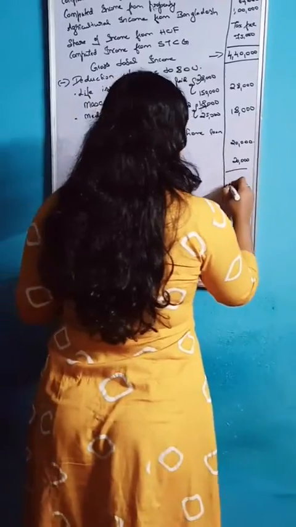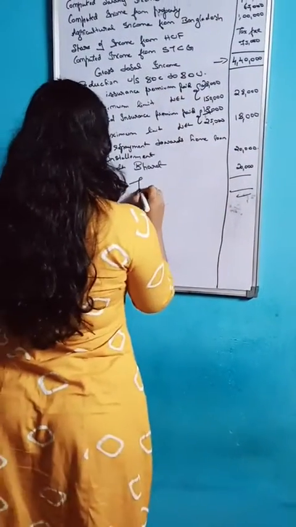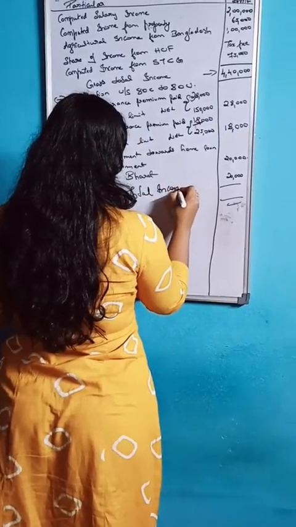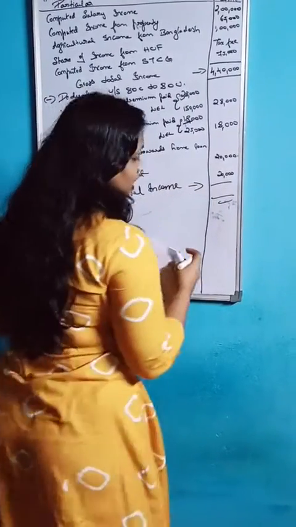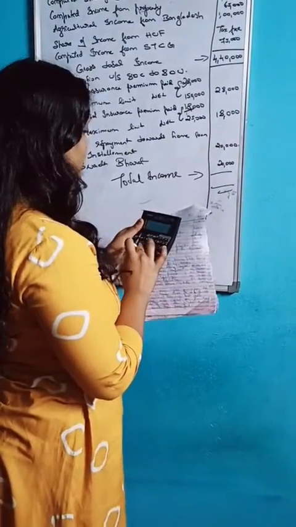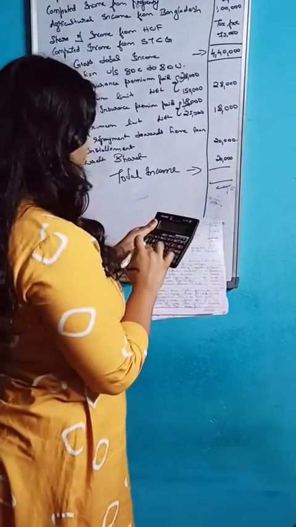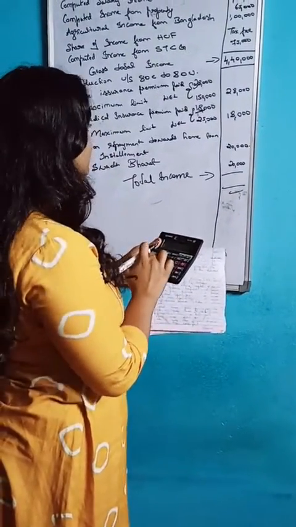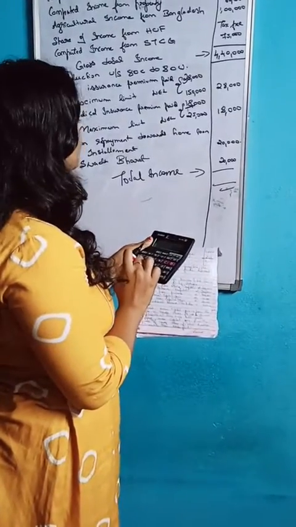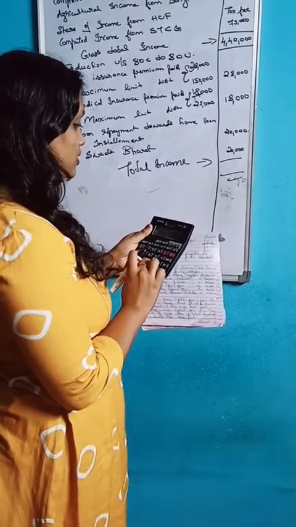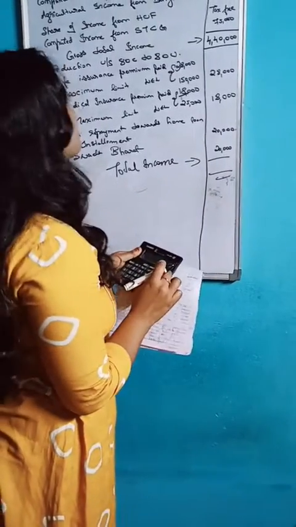Okay, then you calculate how much it will come. Total deduction: 28,000 plus 18,000 plus 20,000 plus 20,000, you will get 86,000.